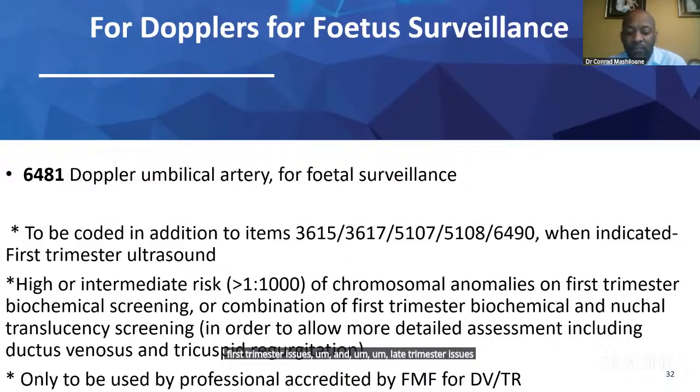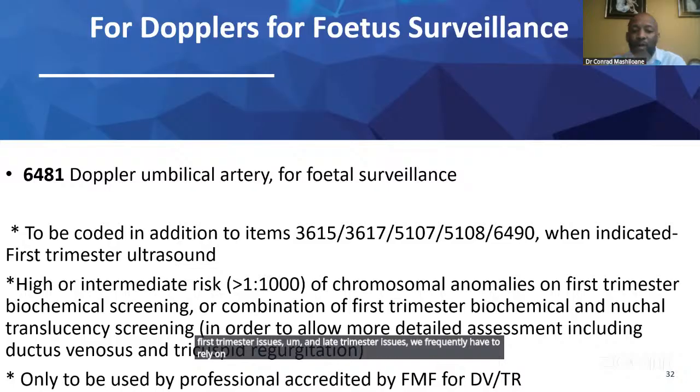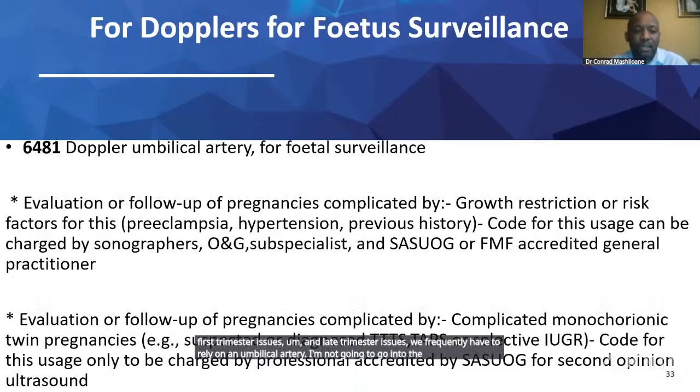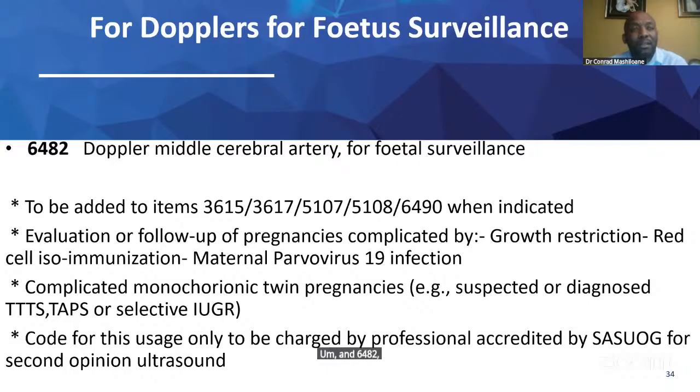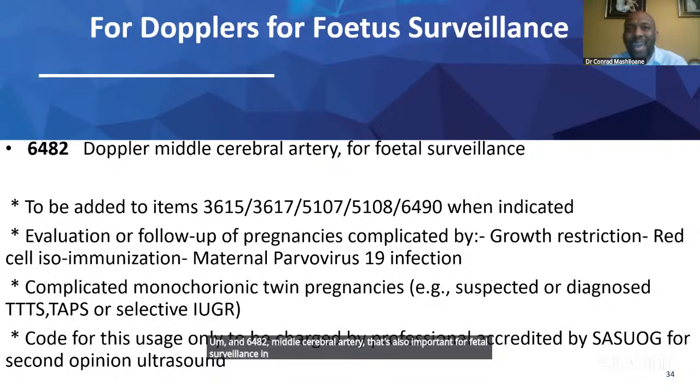We frequently have to rely on an umbilical artery. I'm not going to go into the clinical issues here. And 6482, middle cerebral artery. That's also important for fetal surveillance in growth restriction and in fetal anemia. And we rely on these codes.